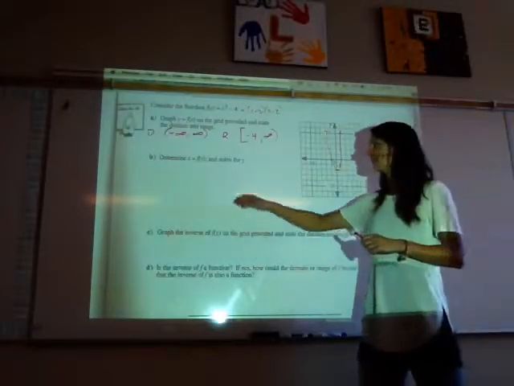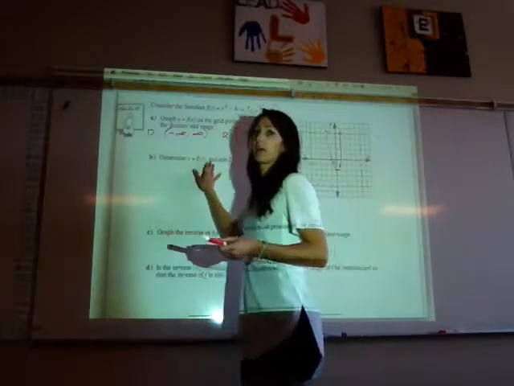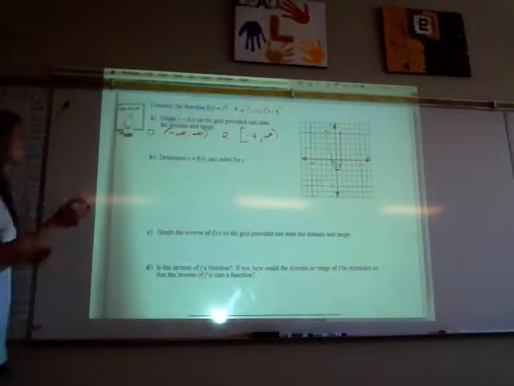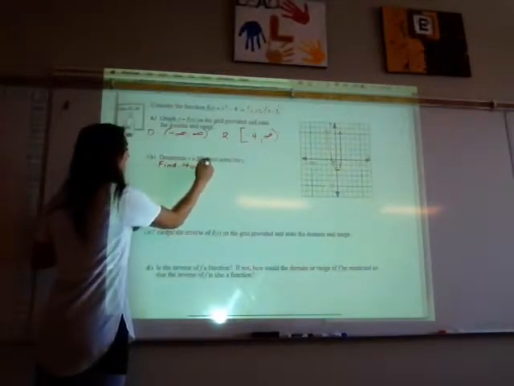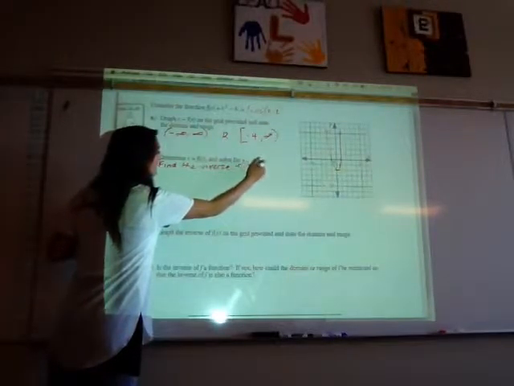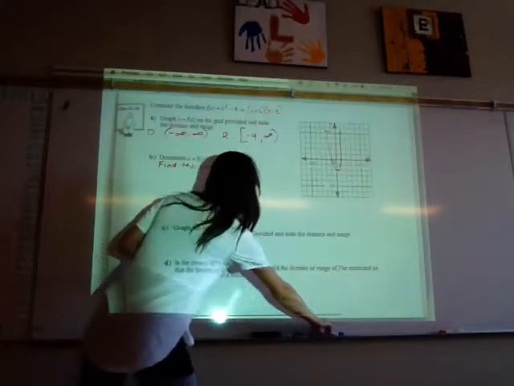Okay, so now we have to figure out, what does this mean? x equals f of x. What's another way of describing that? Find the inverse. Oh, you guys are smart. Okay, so we just went through all the steps on how to do that.